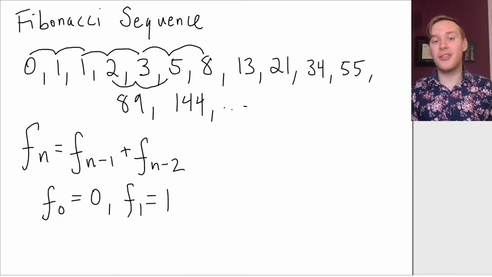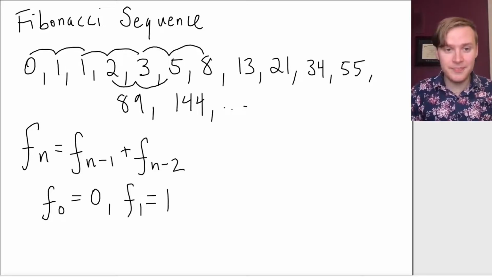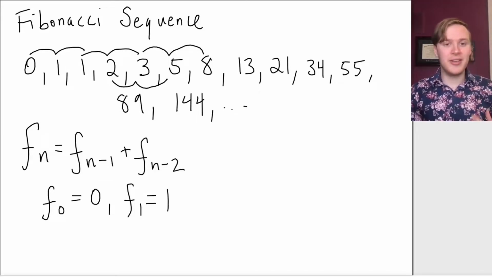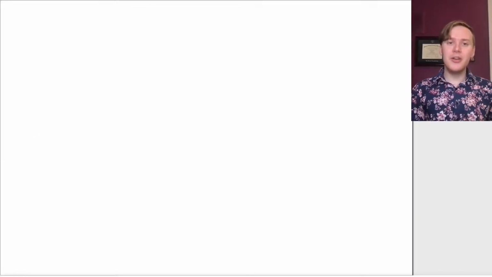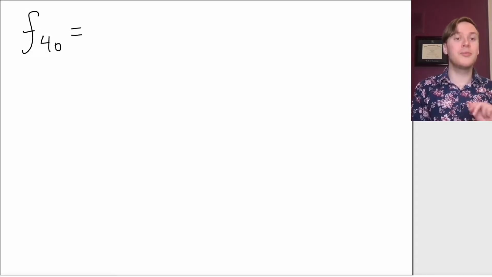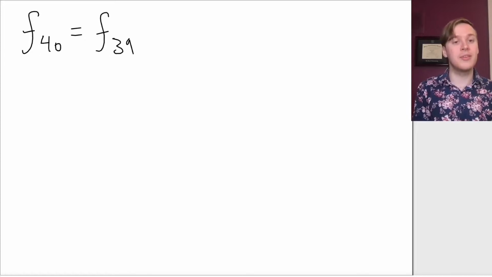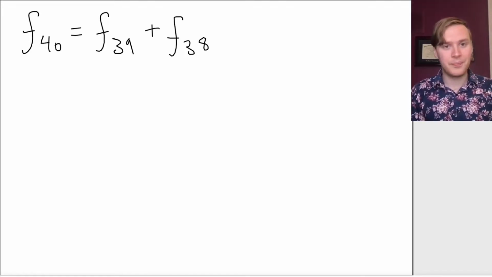This formula is all fine and dandy for if we're trying to figure out a new term in the sequence when we have the two terms before. But here's the problem though. What if I was trying to find the 40th term in the sequence? Well, I need the two terms before it to add up. So I need the 39th term, f sub 39, plus the 38th term, f sub 38.